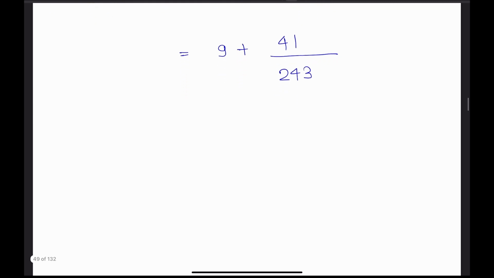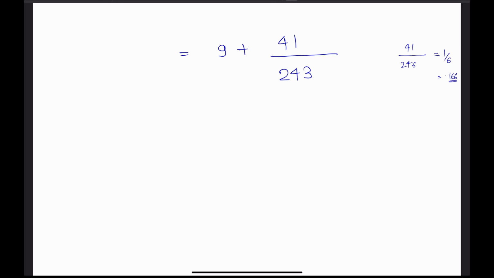If we find out the value, this is something like 41 by 243. Let's just take it as about 1 by 6, and 1 by 6 is 0.166.